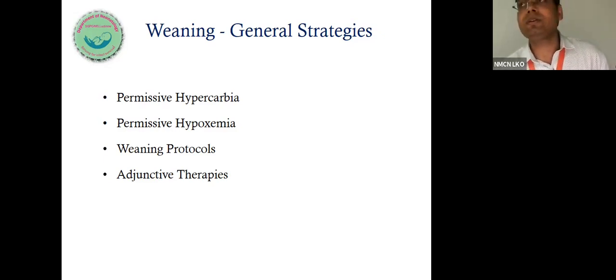Various studies have been done, like the Felby and SUPPORT study, which showed that practicing permissive hypercapnia beyond 65 millimeters of mercury might not be that beneficial.